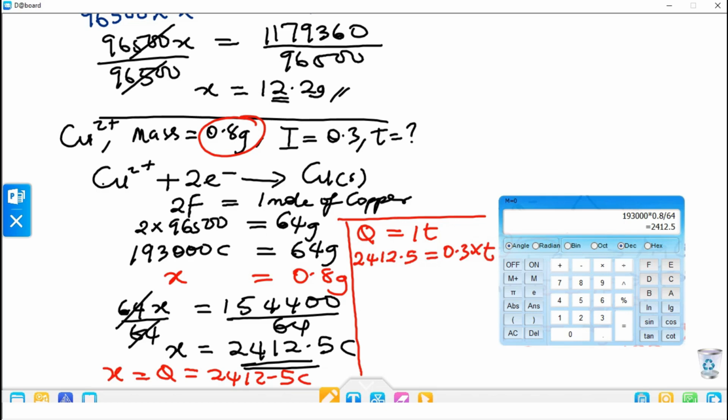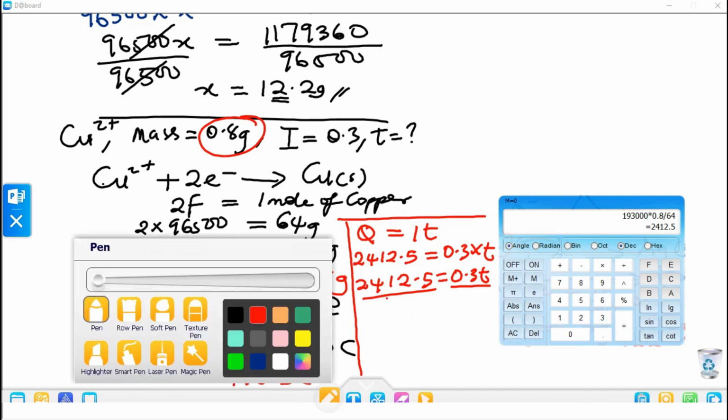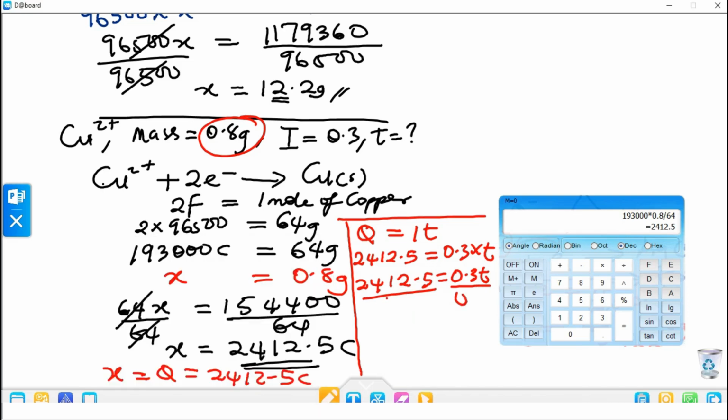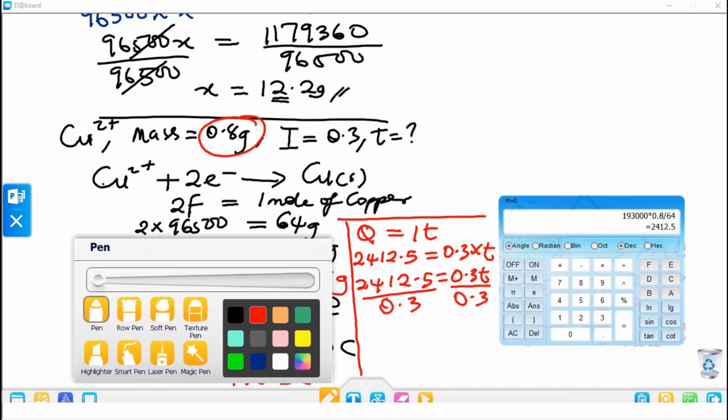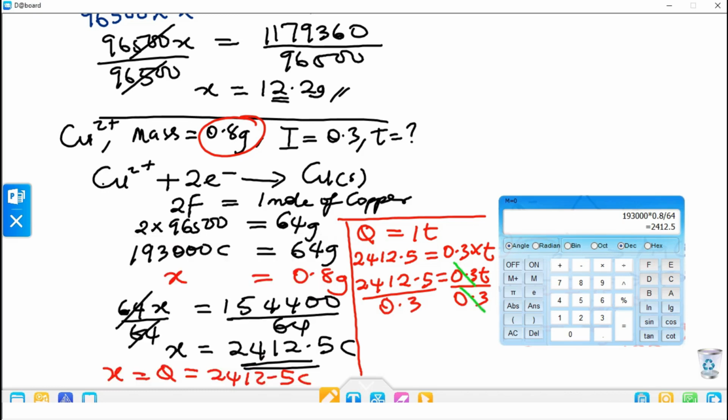So this gives us, making T the subject of the formula, 2412.5 is equal to 0.3 T. So to get our T, we have to divide both sides by 0.3 to let T stand alone. So 0.3 takes care of 0.3. That has gone.